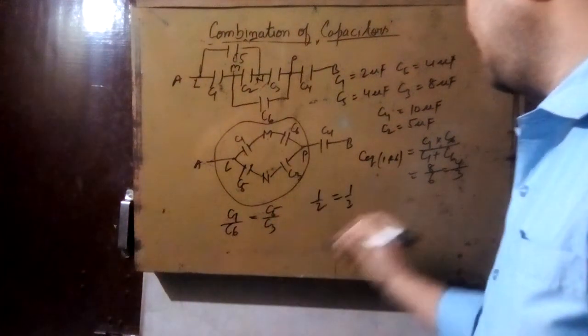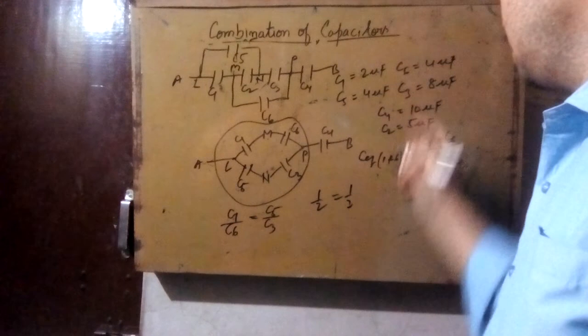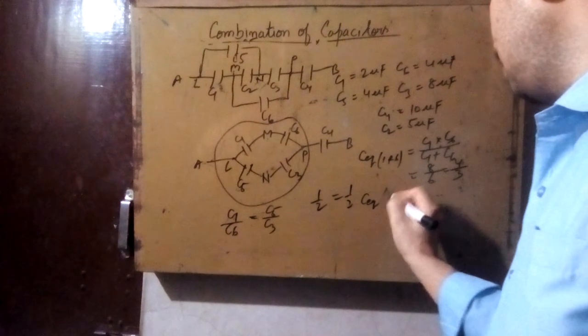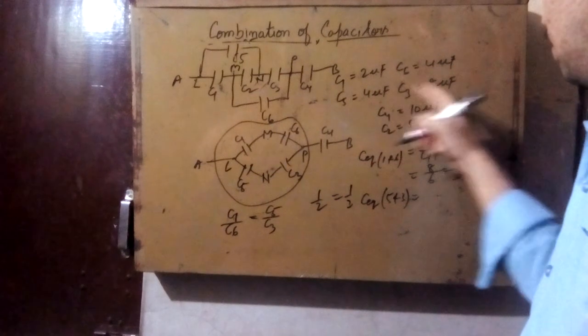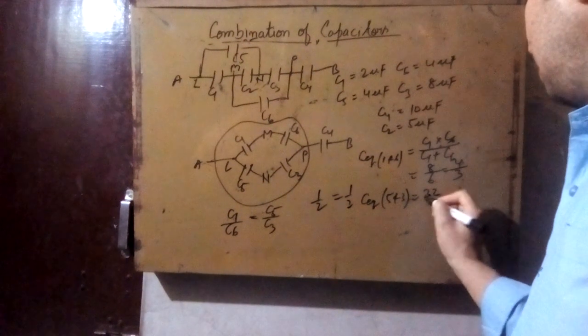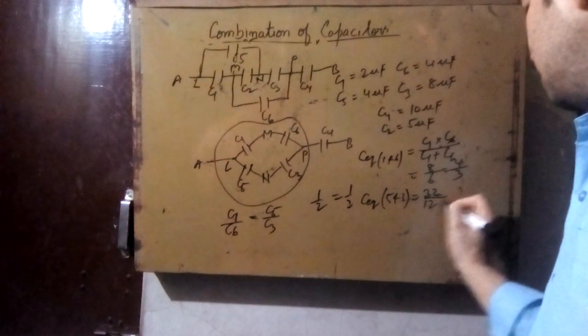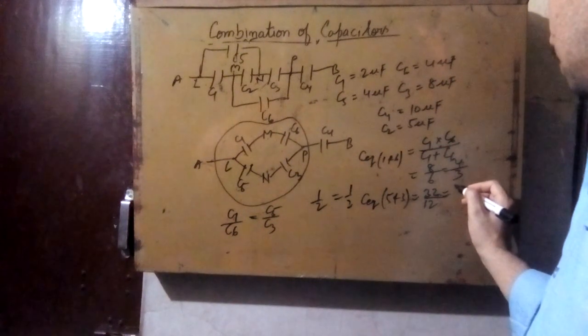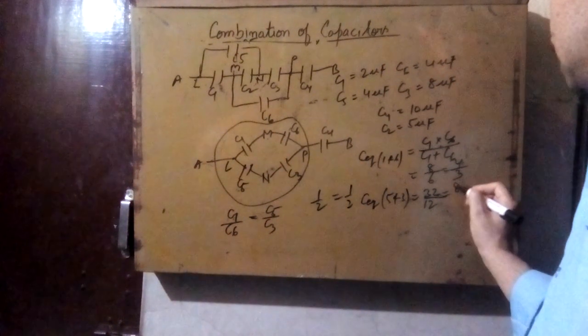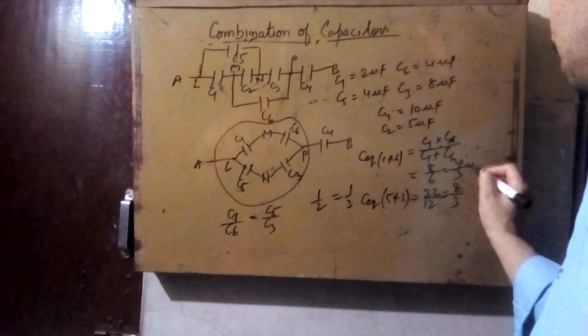Now C5 and C3 are in series. So 4 into 8, 32, by 4 plus 8, 12. That is 8 by 3 microfarad.